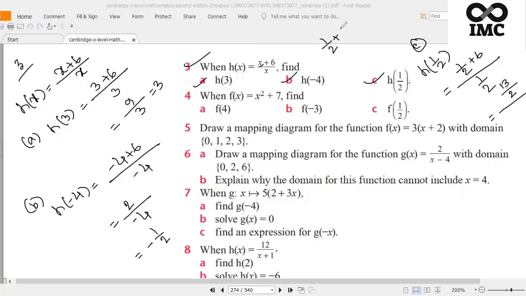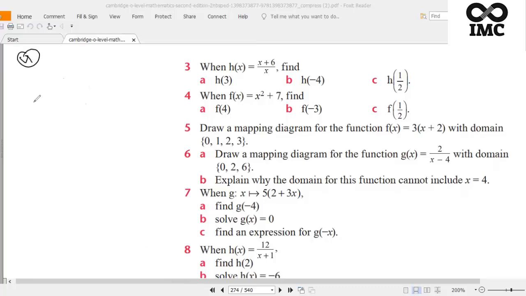Half plus 6 or 6 plus half or 6 whole 1 by 2, all are same. So just convert: 2 sixes are 12 plus 1, 13. Okay. Divided by 1 by 2. Now 13 by 2 multiplied by the reciprocal of 1 by 2, which will be 2 by 1. After cancelling 2 and 2, the final answer will be 13. And this is the solution of question number 3.